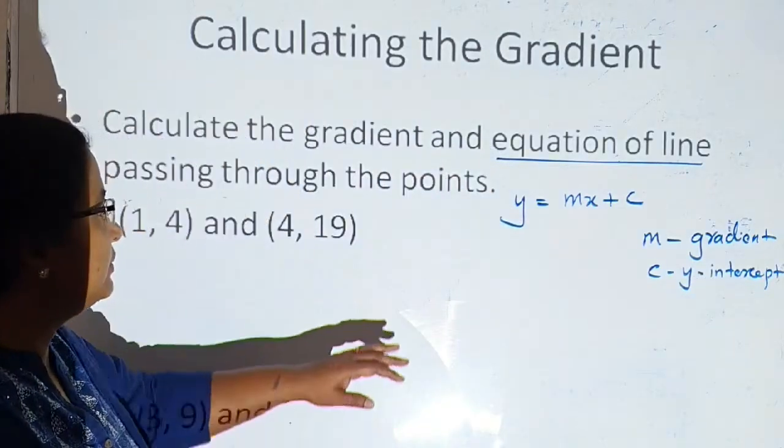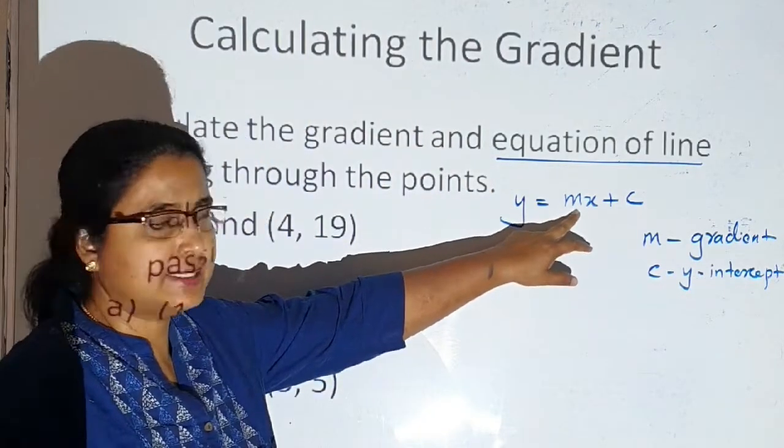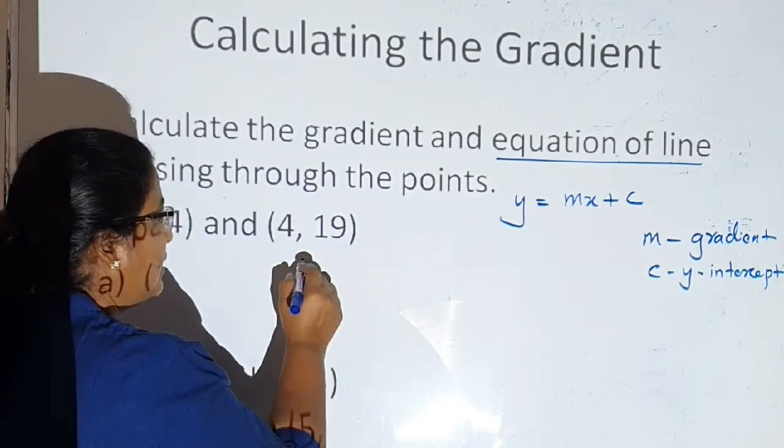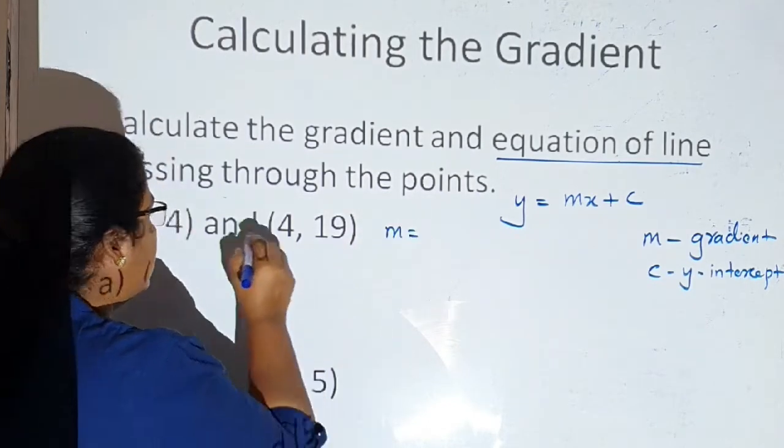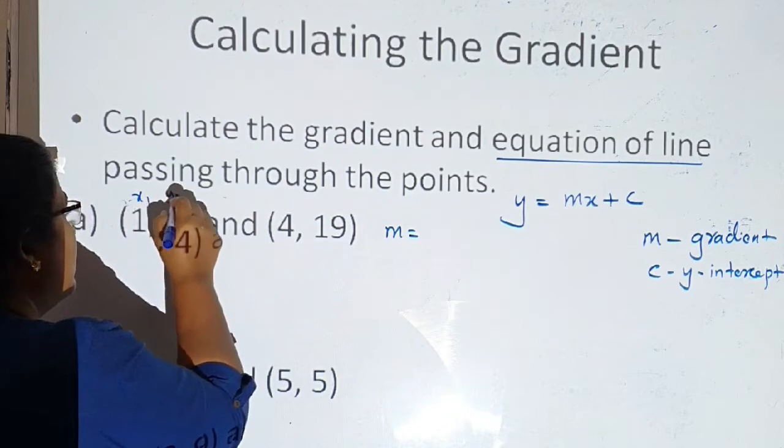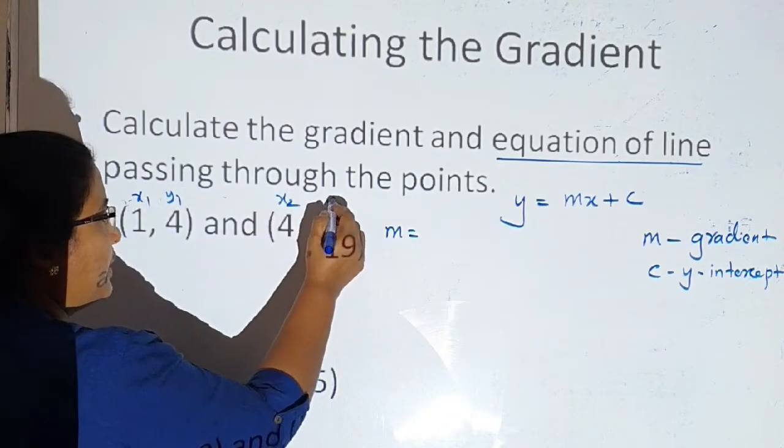Alright, now you know how to find the gradient. M equal to, this is x1, y1 and this is x2, y2.